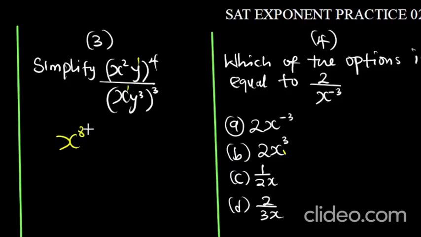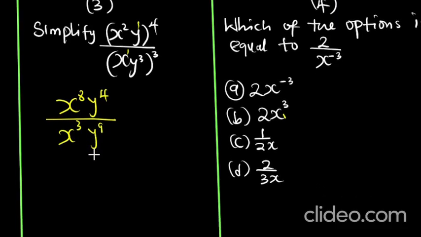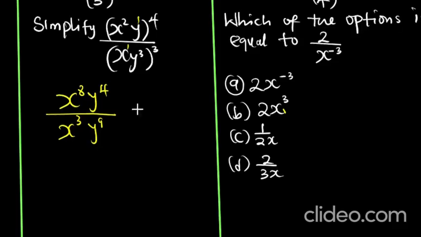Okay, then for number 3, this is x to the power of 2 times 4, which becomes x to the power of 8. y to the power of 1 times 4 is y to the power of 4, divided by x to the power of 1 times 3, x to the power of 3, and y to the power of 3 times 3, y to the power of 9. Okay, so this can further be simplified.